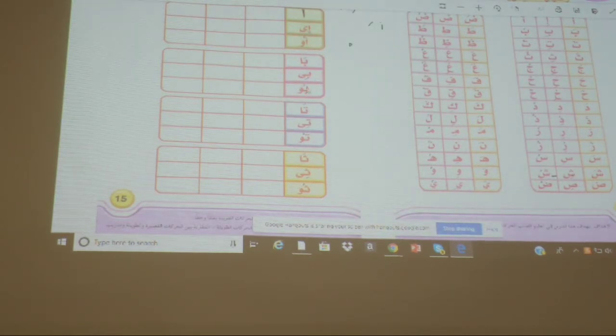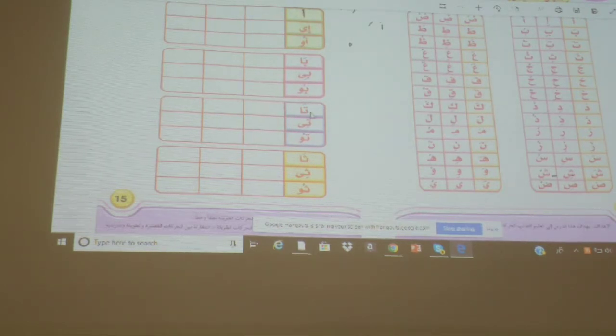The next one is ba with a dhamma, bu, and with the waw, boo. So it's ba, bee, boo. Okay? The next ones.